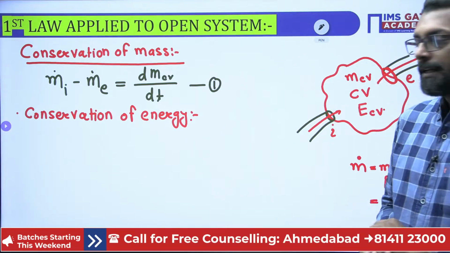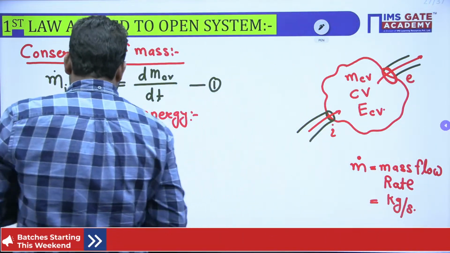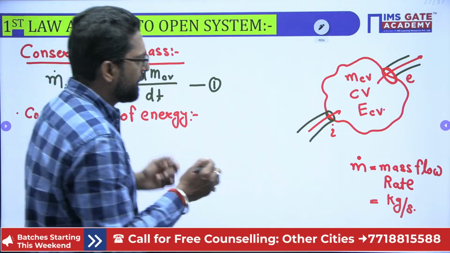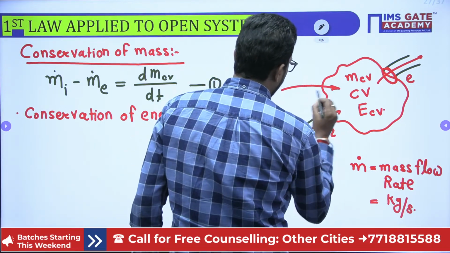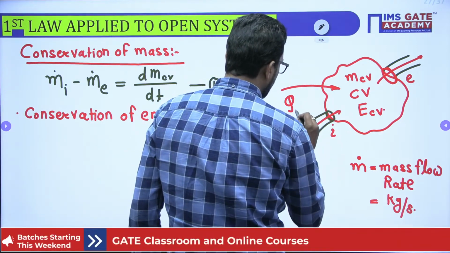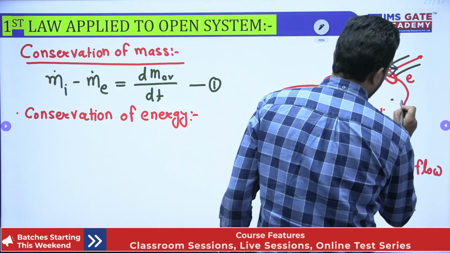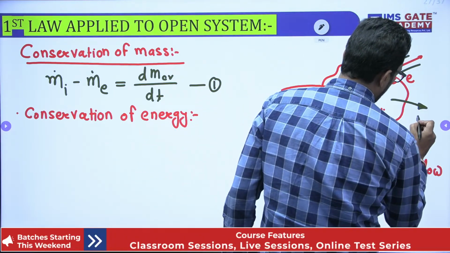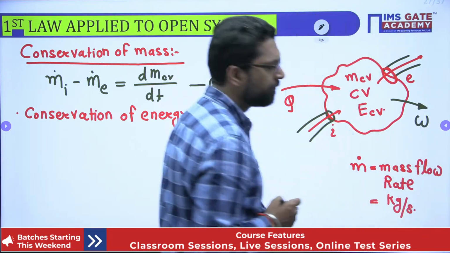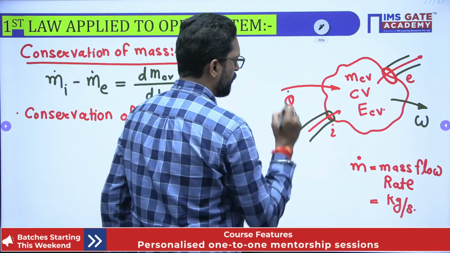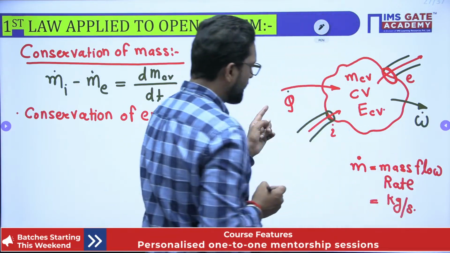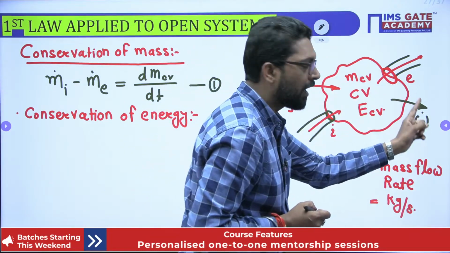See beta, let's suppose heat is going into the system and work is going out from the system, that means the control volume. This is Q dot and this is W dot. So this is heat into the control volume and this is work out from the control volume.